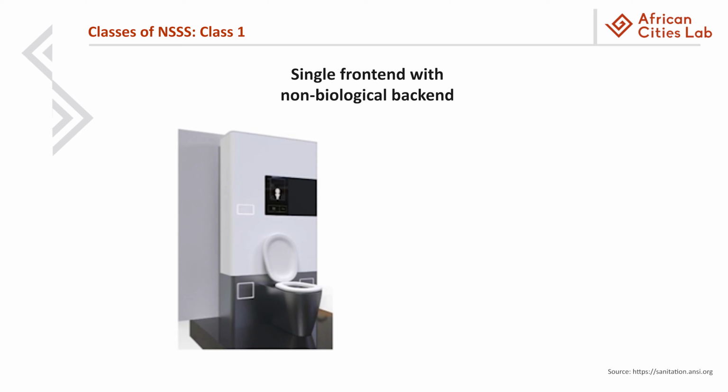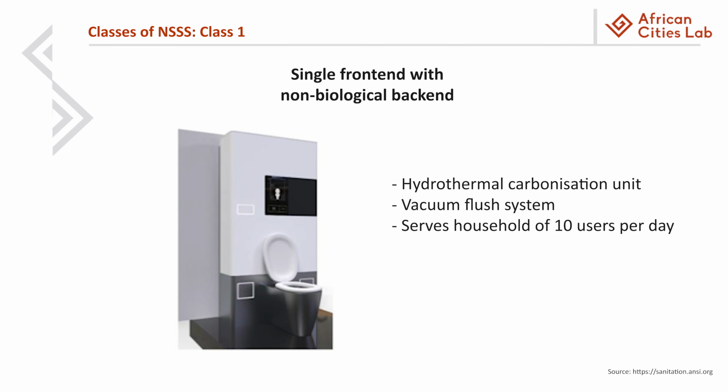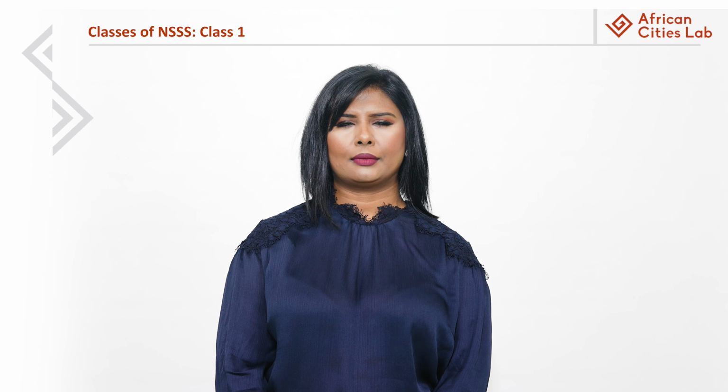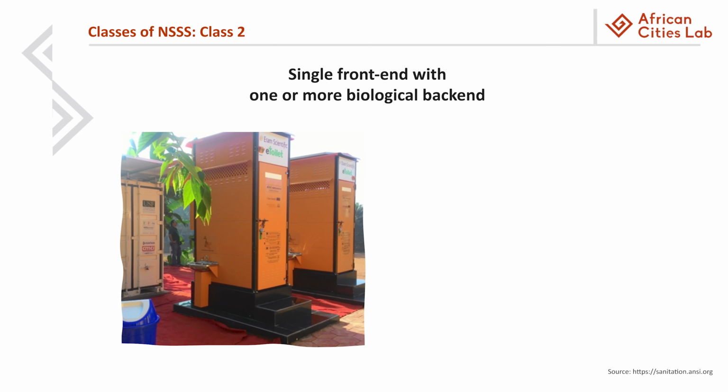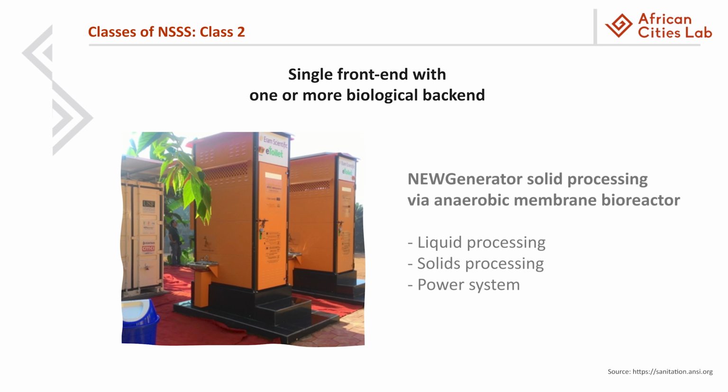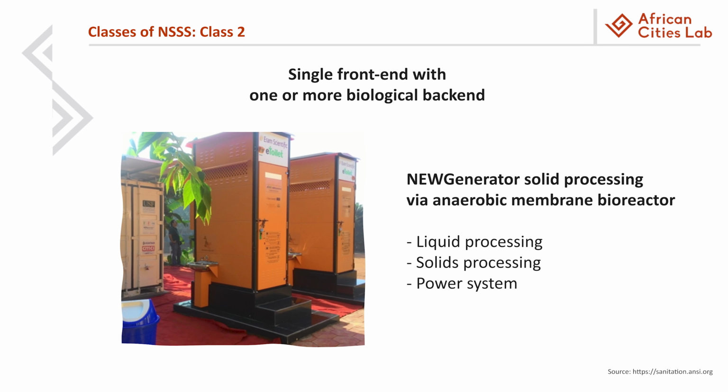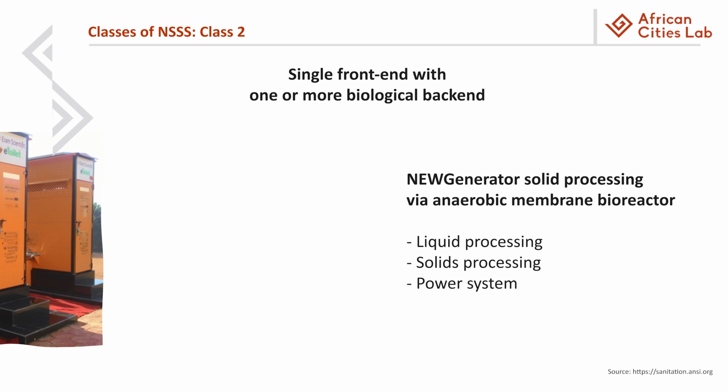This is another Class 1 system, the hydrothermal carbonization unit. Here, a vacuum flush pedestal is connected to a back end that uses high temperature and high pressure to treat the liquid and the solid fractions. I will now show you examples of Class 2 and Class 3 systems. The Class 2 new generator is a compact, portable, and modular resource recovery machine that eliminates waste while recovering fertilizer, nutrients, renewable energy, and clean water.